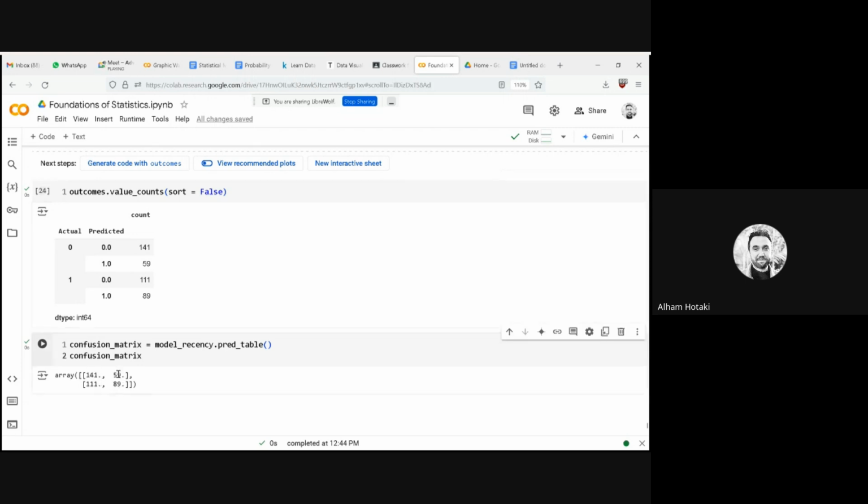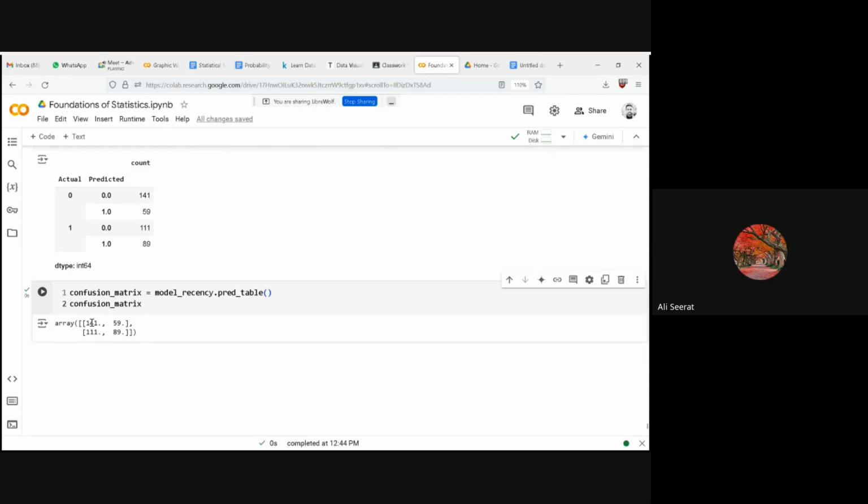This one, this one, this one, this one. Correct and correct. So this one is the incorrect one, and this one is the correct one. This is correct, this is correct. This is incorrect, this is incorrect.